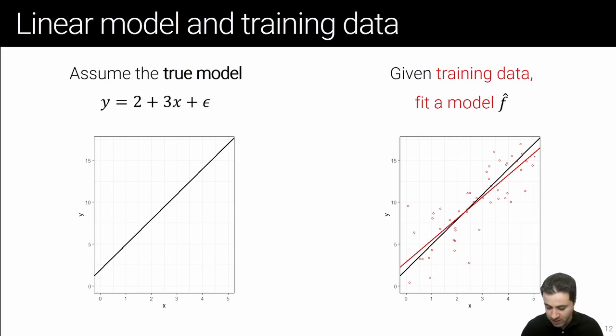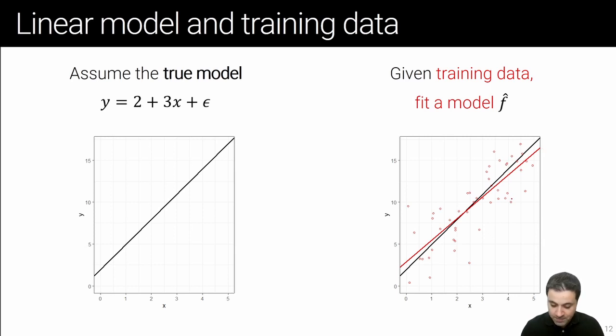Let's say we have here, I don't know, 30, 40, 50 points in the scatter plot. So if we do OLS to fit the model, we have the one in red. And of course, we know it's not going to be exactly like the true model because we have some variation in the data, and it's very, very unlikely, or to say impossible, to get exactly the right model, but we get something pretty close to it.